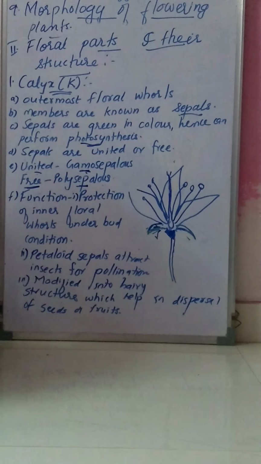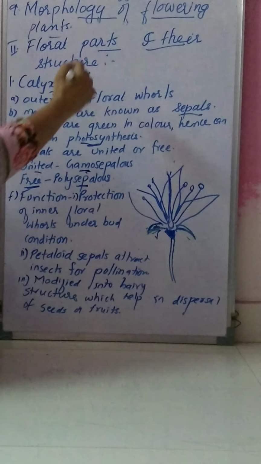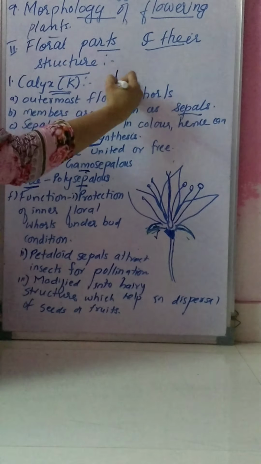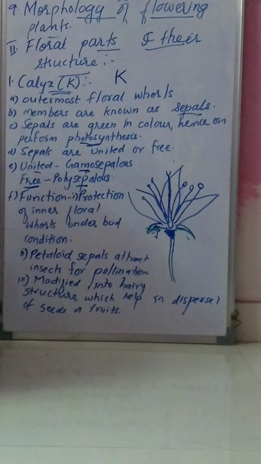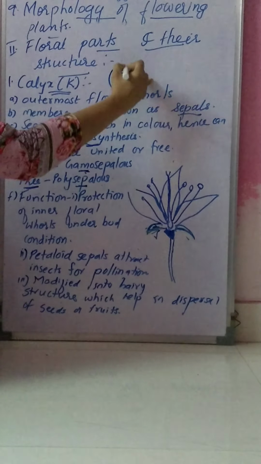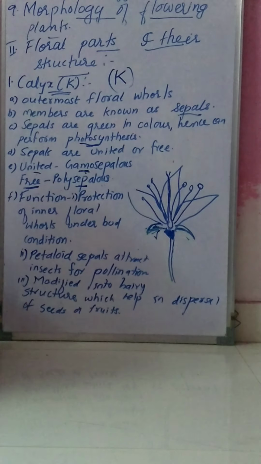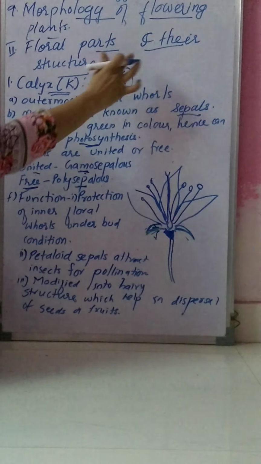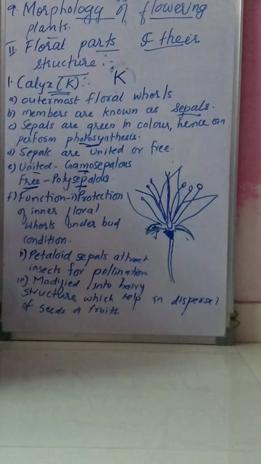When writing the floral formula, we write K for calyx. When the sepals are united, we make a bracket there. If the sepals are free, there is no bracket.